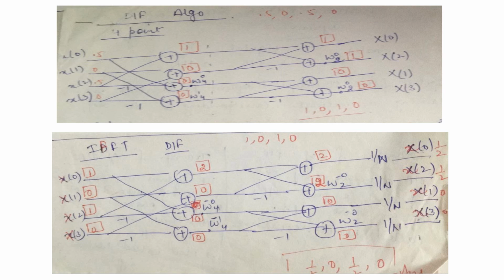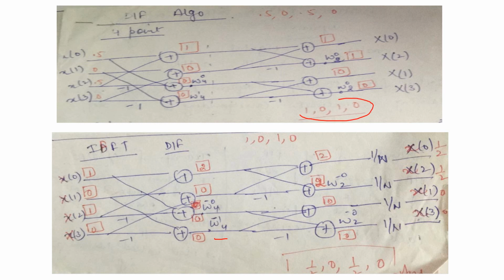The only difference is in sign of twiddle factor, and at the input you have to write capital X, and at the output you have to write small x, and you have to multiply the sequence at input side or at output side with 1 by N. These are the differences between simple DIF algorithm and inverse DIF algorithm. Clear? So here I have used the same sequence.